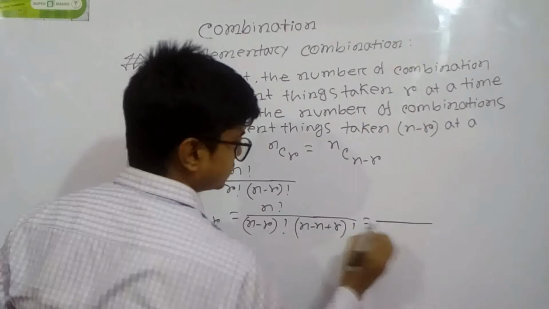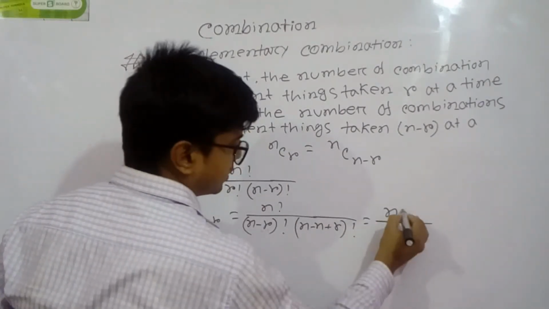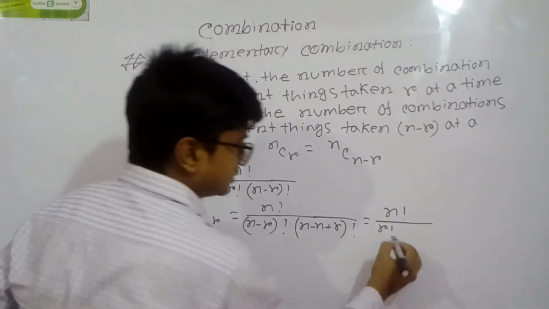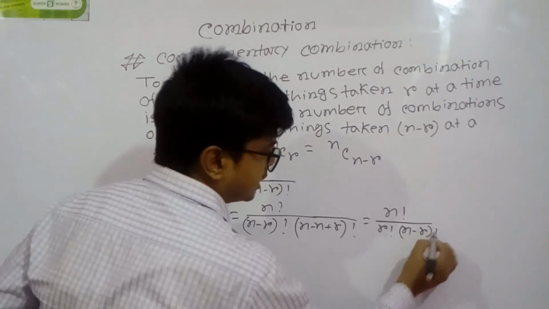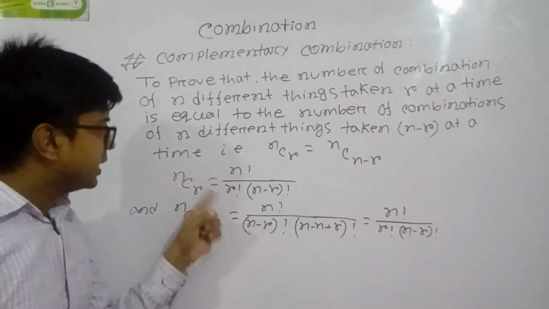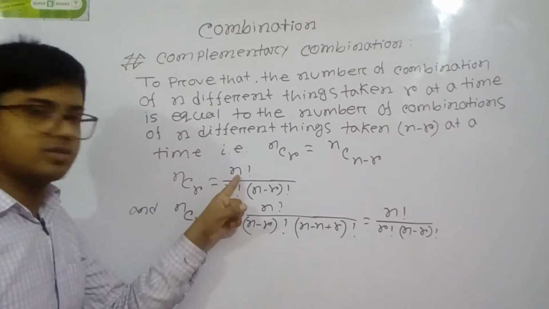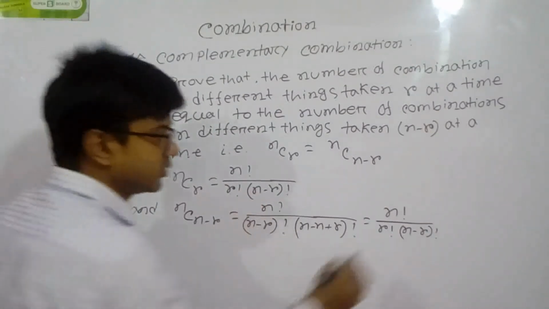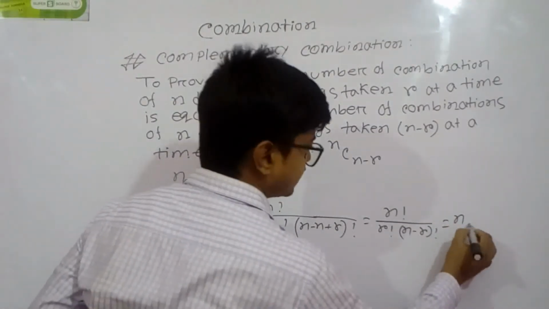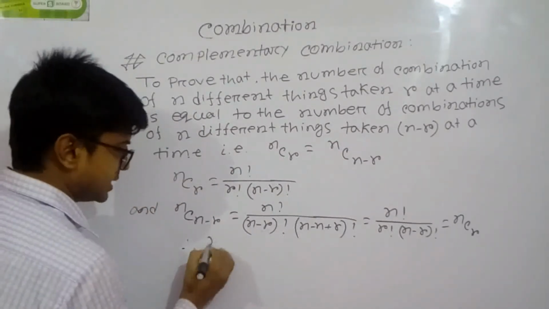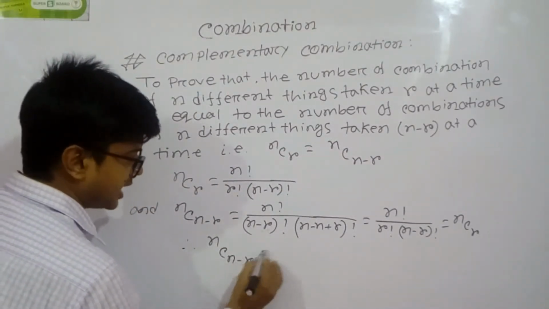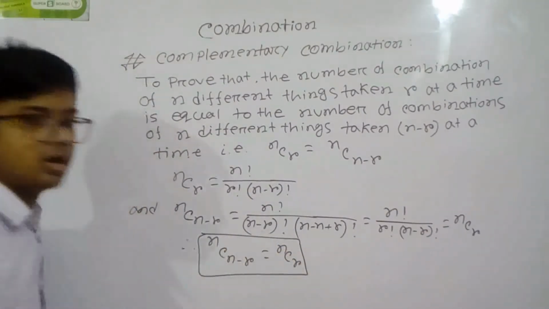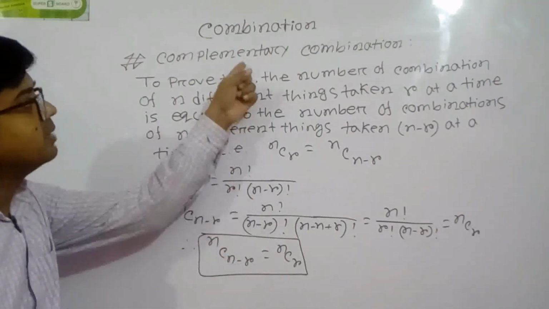So here we can write factorial n by factorial r factorial n minus r, but here nCr equals factorial n by factorial r into factorial n minus r. So we can write here nC(n minus r) equals nCr. Combination of such type is called complementary combination.